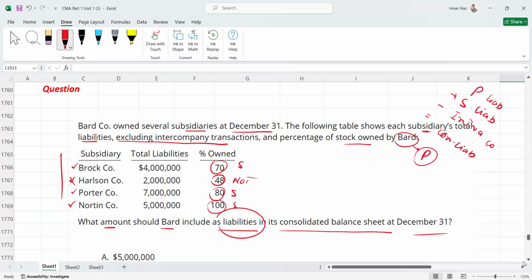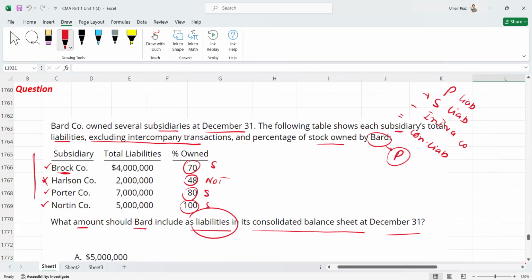Being the parent company, we have only three subsidiaries. First of all, we have to take the parent company's liability, and I don't think we are provided with the parent's liability. So parent's liabilities are not given in the question, so we'll put it as 0, but we have to take all subsidiaries' liabilities now. So this is our subsidiary liability, 4 million.